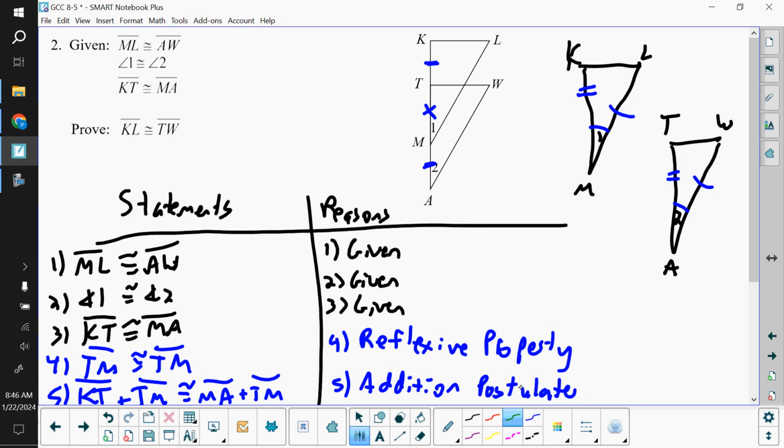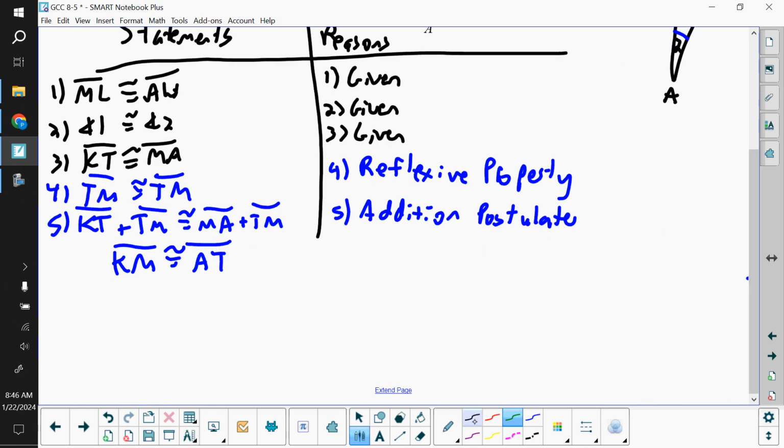That now gives us two sets of sides in each triangle, and notice we have the angle that's in between those two sides. So that'll give us side angle side, congruent to side angle side. So name the first triangle anything you want.